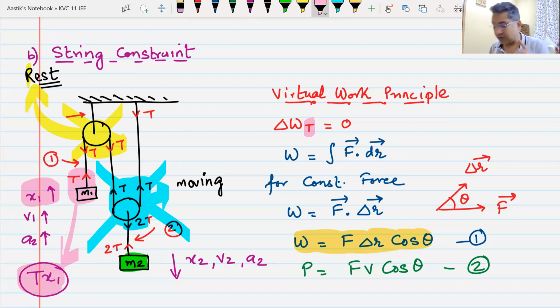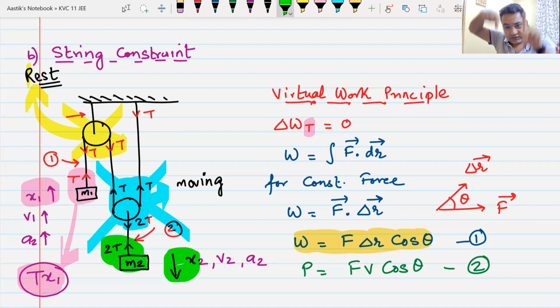Okay. Now look at the green block. Green block, tension always pulls, it is upwards. But this block is moving downwards. Force is upwards, block is going downwards. What is the angle between force and displacement now?